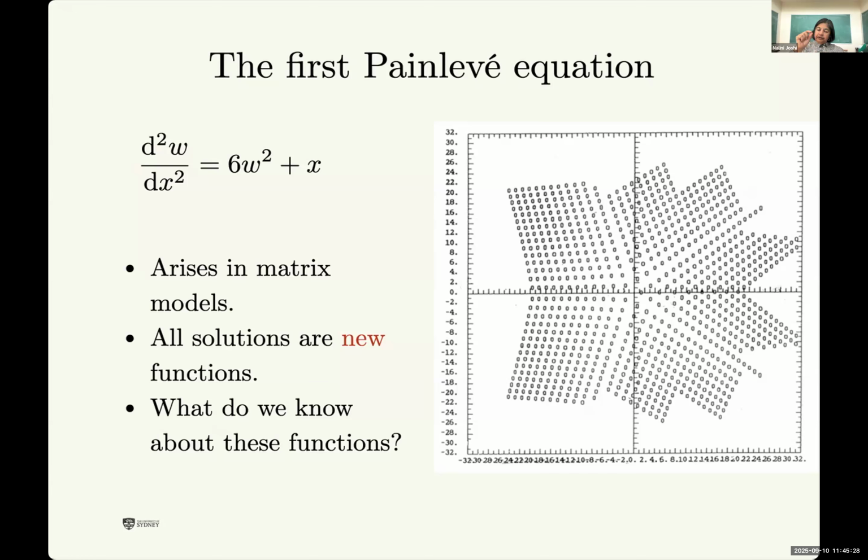The little open circles are the locations of the double poles of the solution. You can see that they are arranged in this very pretty five-fold pattern in the complex plane, and that's because the equation itself has a discrete five-fold symmetry.